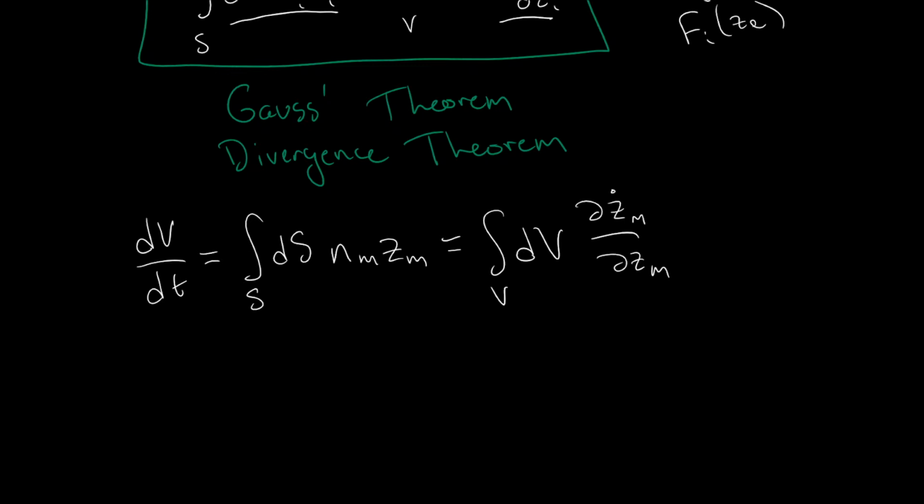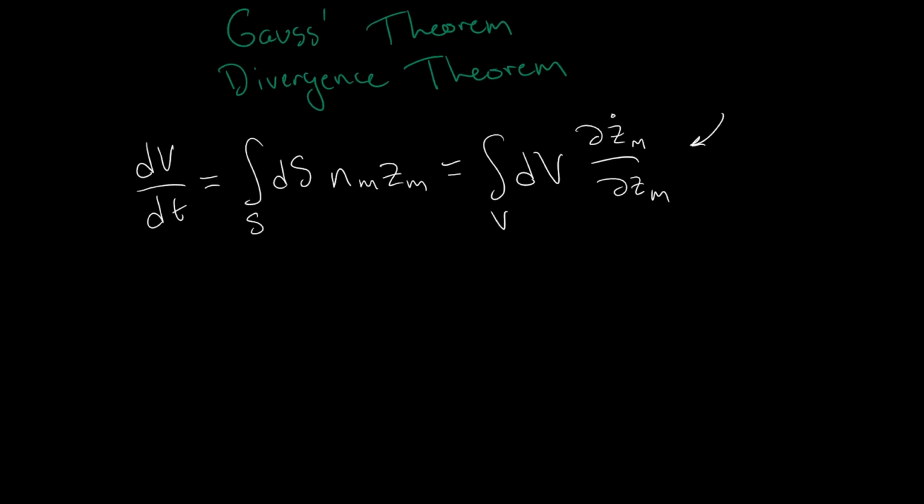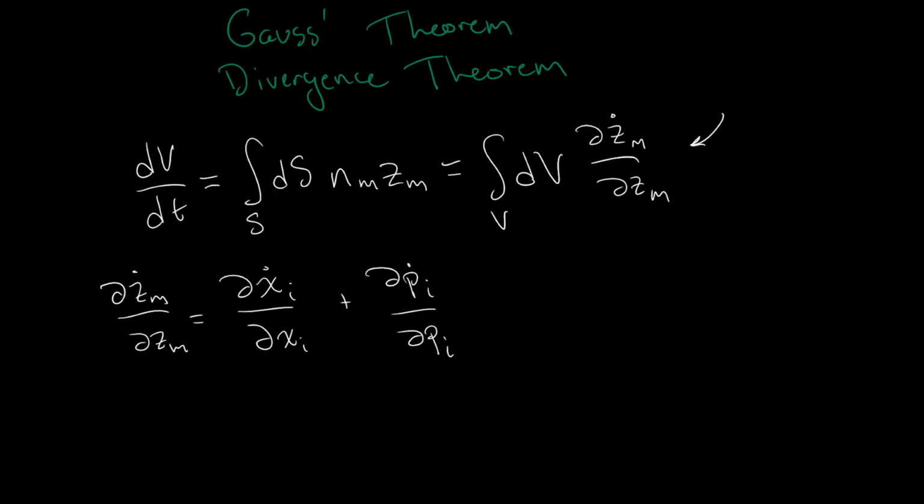Where, again, of course, we're summing over indices. But what is this quantity? d z dot sub m over dz sub m is equal to d x dot sub i over dx sub i plus d p dot sub i over dp sub i, where now I am indexing m from 1 up to 2n, and i from 1 up to n.